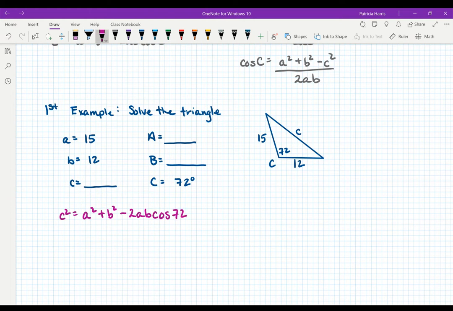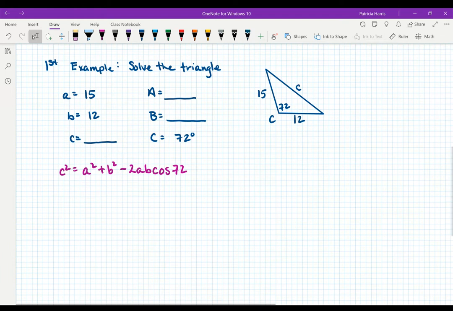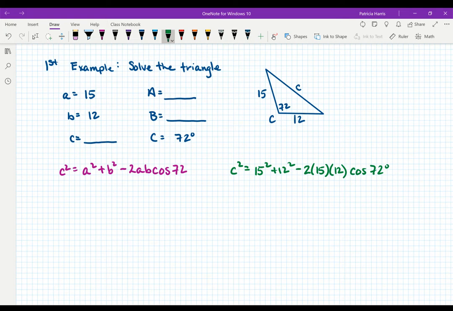So this is the format we're going to use. Now, depending on the calculator that you have, you can actually type this in fully, depending on how comfortable you are with your calculator. If you're not that comfortable with your calculator, you probably don't want to type it in all the way.